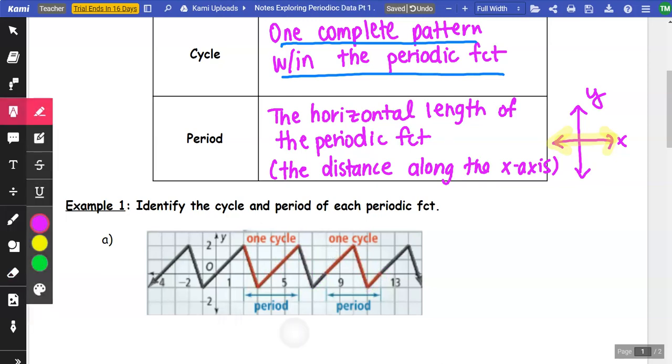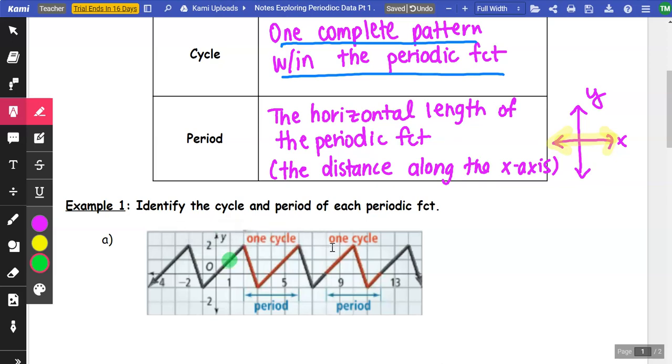If I wanted to start at a y value of 1, let's see, that's not going to work.